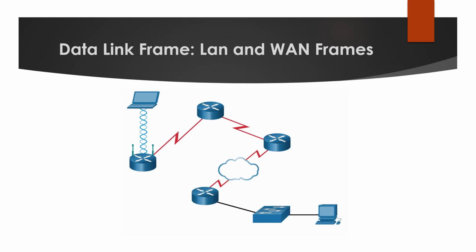Data link layer protocols include Ethernet, 802.11 wireless, point-to-point protocol, high-level data link control, and frame relay. If we see the animation, we will see the layer 2 protocols that are used to transmit frames in different kinds of communication.